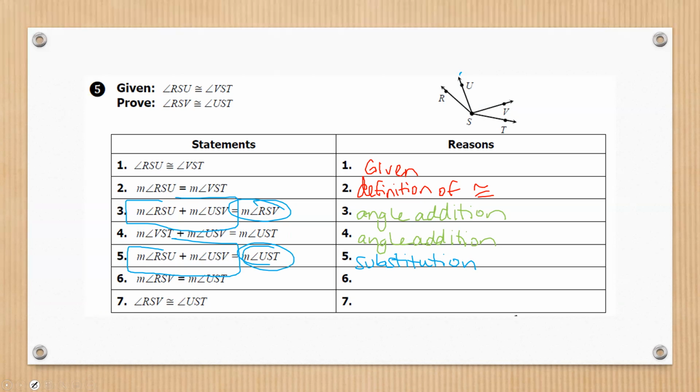So you can say transitive property, you could say substitution, both would be correct. All right, and then once we know that the measures are equal, we know that the angles are congruent. That's your definition of congruence again.